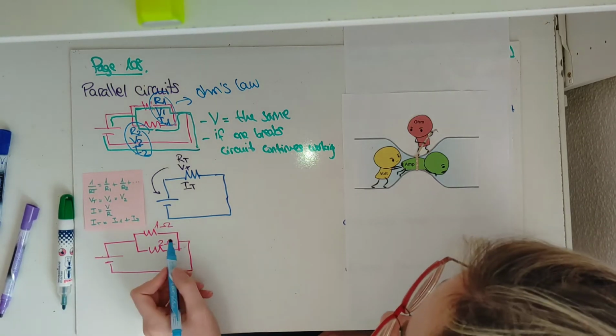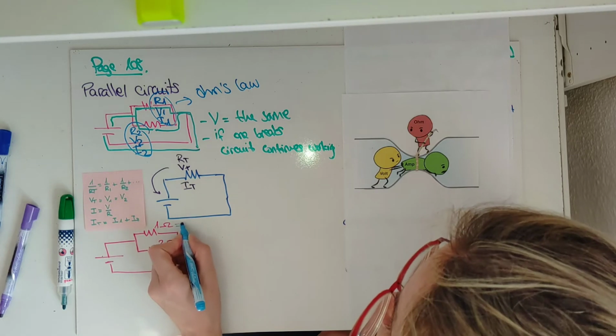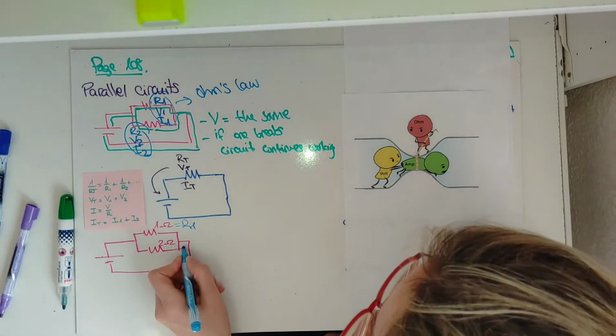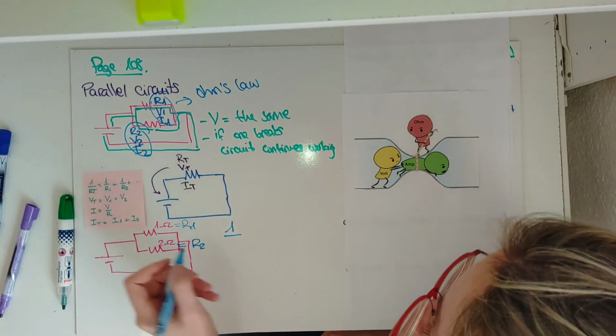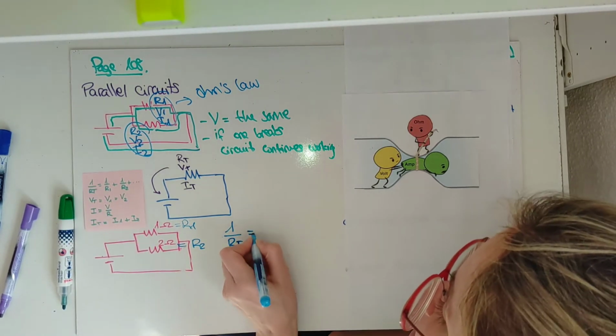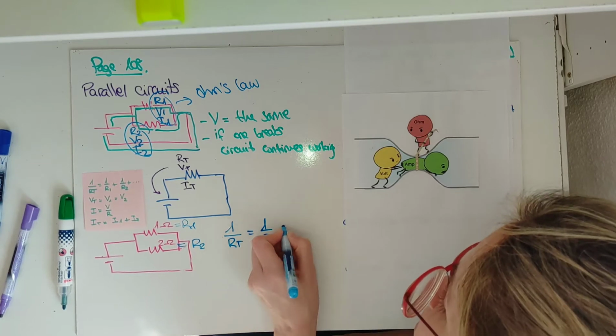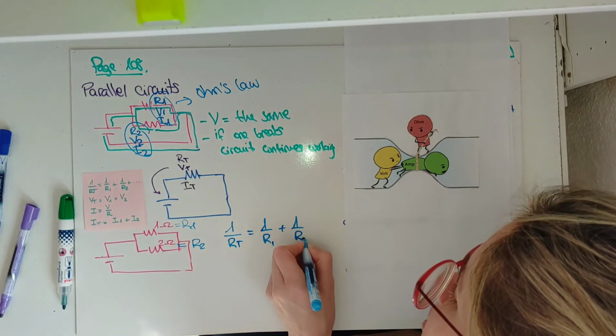So here I have resistor 1 and resistor 2. 1 divided by total resistance is 1 divided by R1 plus 1 divided by R2.